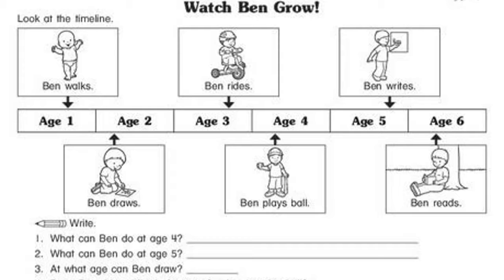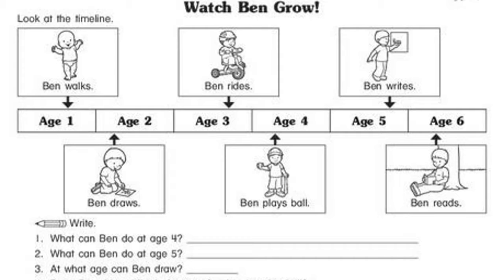And at age 6, Ben reads. So now what I would like for you to do is pause this video to look at questions numbers 1 to 4 at the bottom and see if you can answer those questions based on the timeline above. After you're done pausing, I will then state the answers on the next frame.